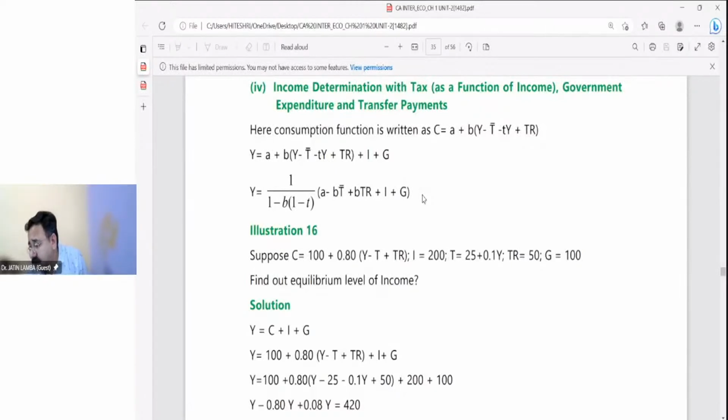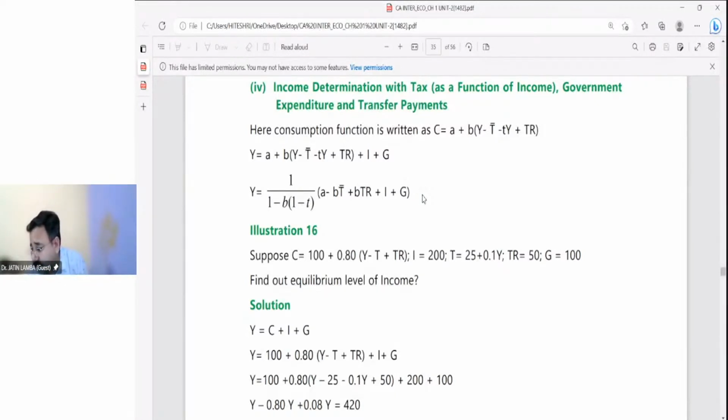Yes, yes, Krishna, this formula will apply only when the tax rate is given, right? Where taxes are constant, like in the second case, then no need to apply it. Then the formula will be 1 upon 1 minus MPC. When the tax rate is given, then you have to find out the disposable income after subtracting tax.